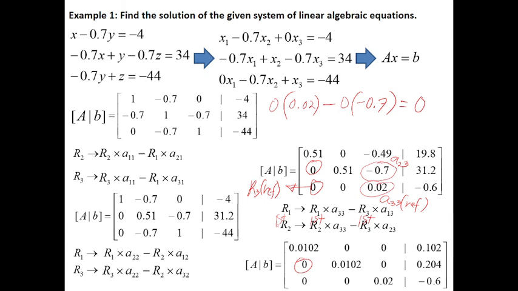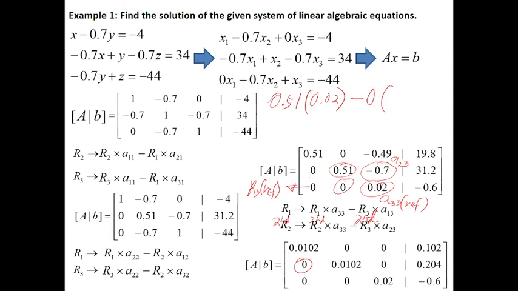And then we have the second element. Okay. R2 second element is 0.51. We multiply that by 0.02, A33. We subtract the 0 multiplied by A23, negative 0.7.